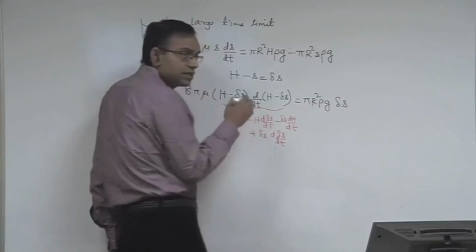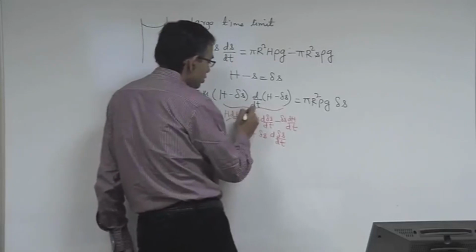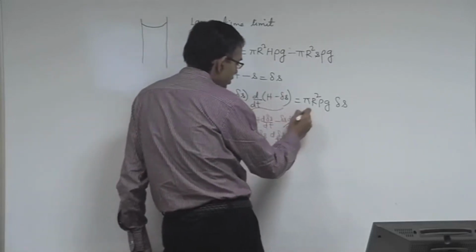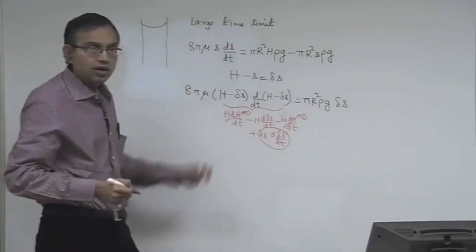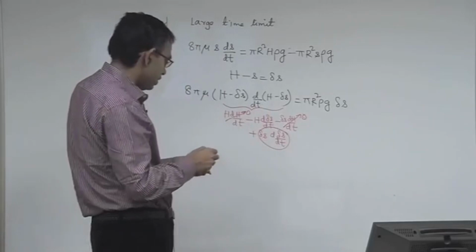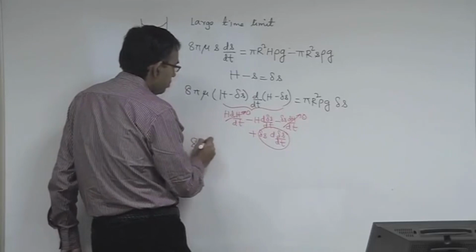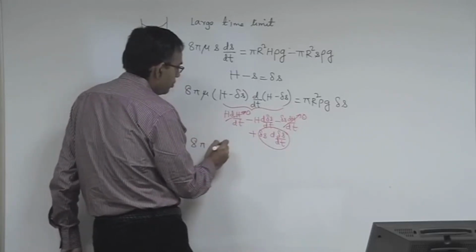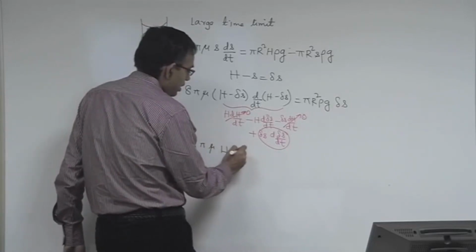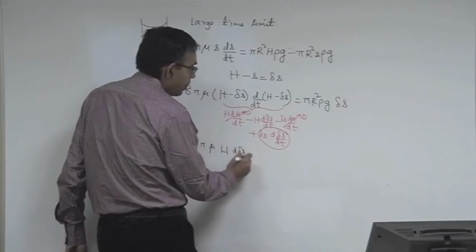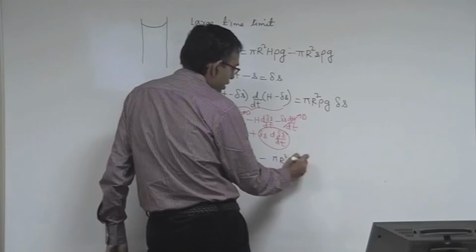Clearly capital H is not a function of time, it is the final static height. So this is 0, this is also 0, and this, involving two small numbers, will be of less order than the others. So eventually what you get is 8 pi mu H d delta S dt is equal to minus pi r square rho g delta S.